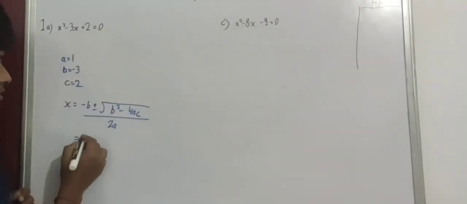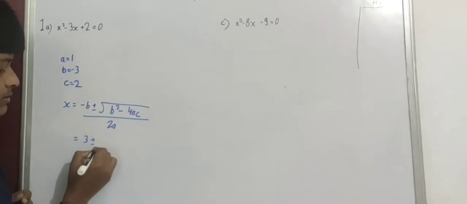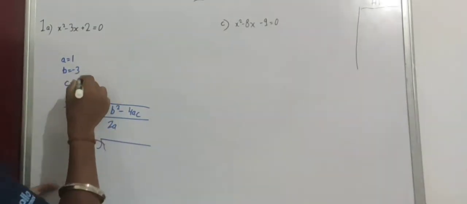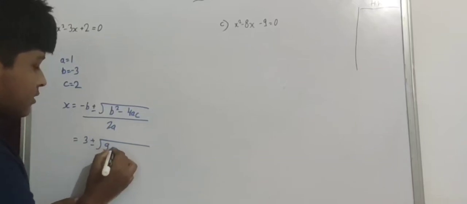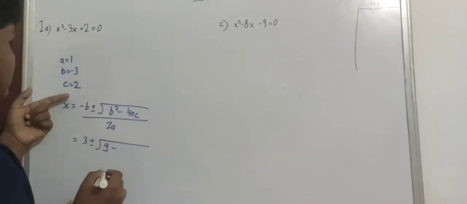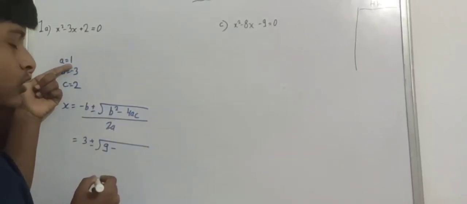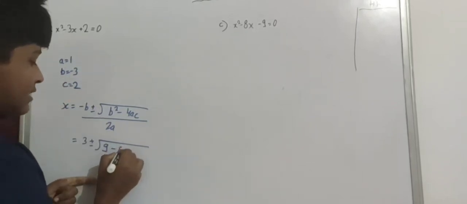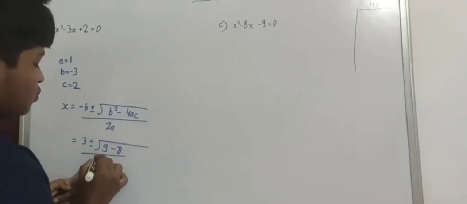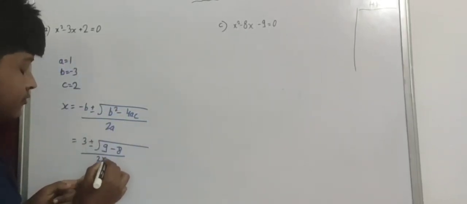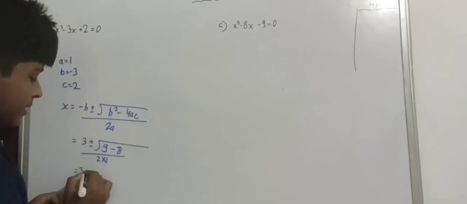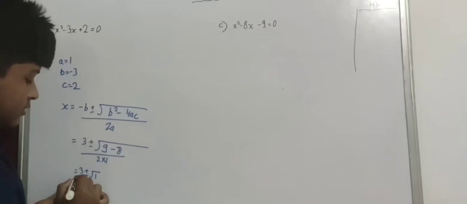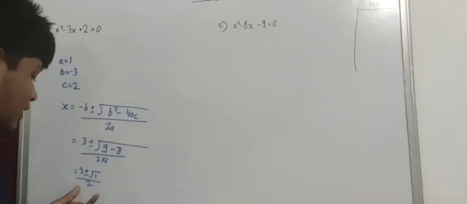So now put the values minus b and minus 3, that is positive 3, plus minus b square, that is we have here 9, solving it directly, minus 4 into a into c, so 4 1 is 4 and into c, that is minus 8, divided by 2 into 1, that is 2. So here above we have 3 plus minus under root 1 divided by 2.